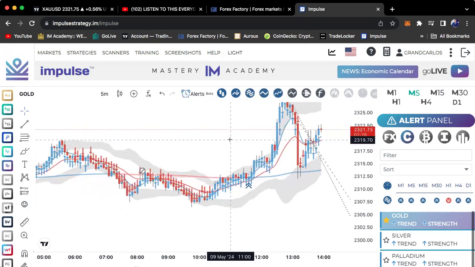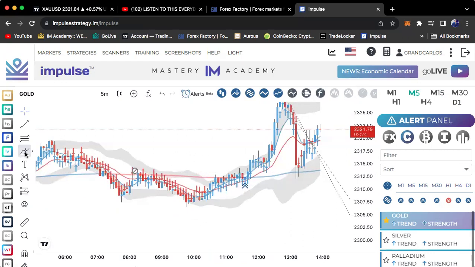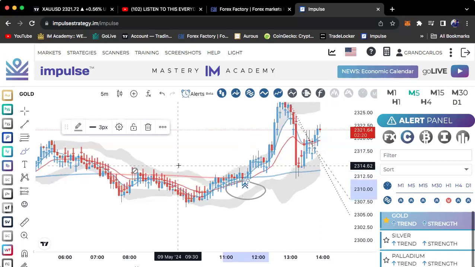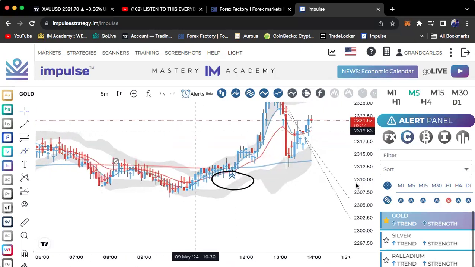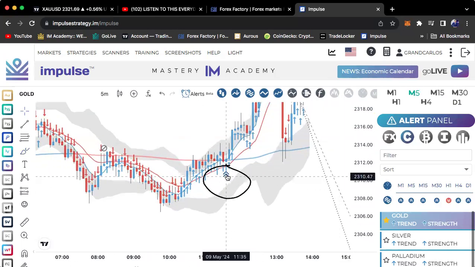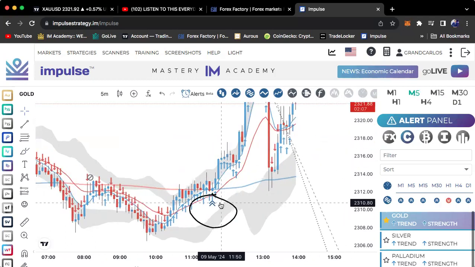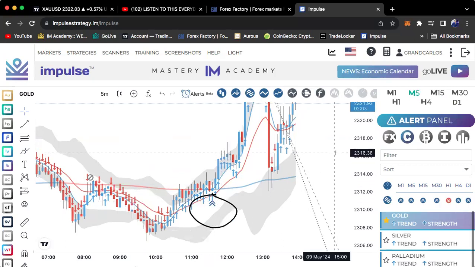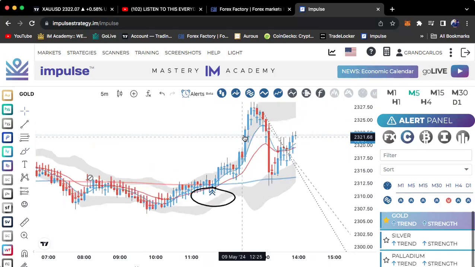Okay, as you can see here, it gave me a blue micro trend arrow, which is really, really important. See that? When it gives me this, okay, it's bullish. I'm looking for buys. You see, as soon as this popped up, guess what happened? It went up. It shot up.